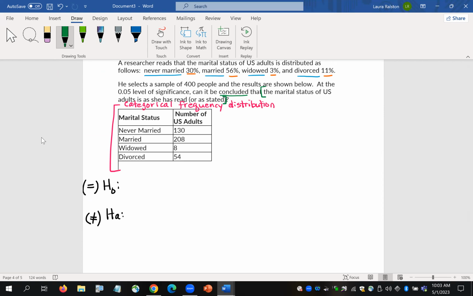I can say it in this sentence as it's written here, or I can say the marital status of U.S. adults fits the stated distribution. Now, that's how I phrased it.